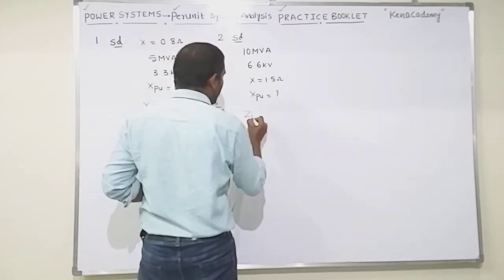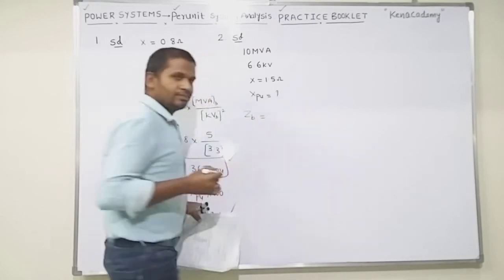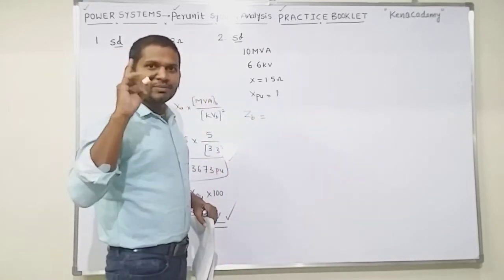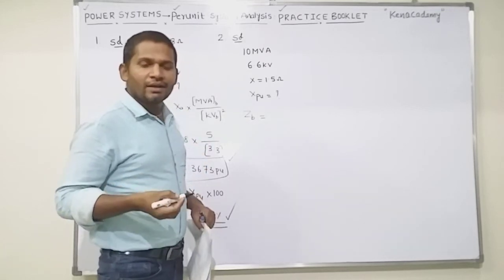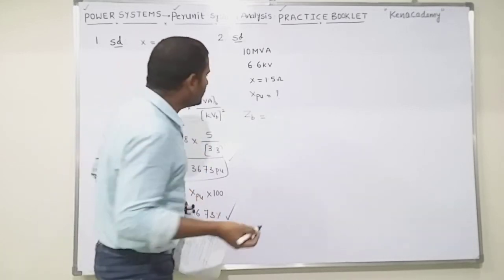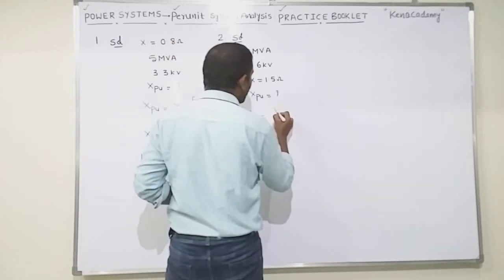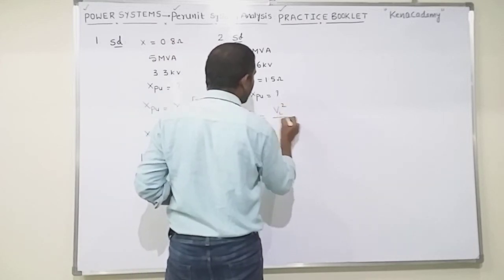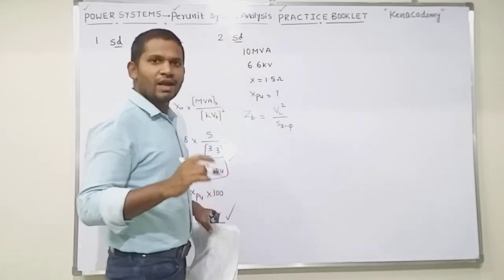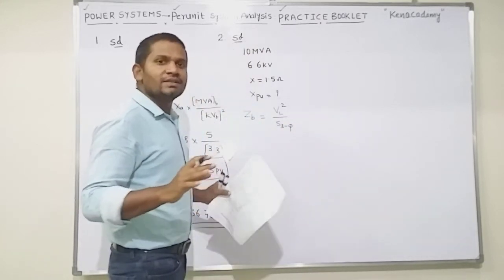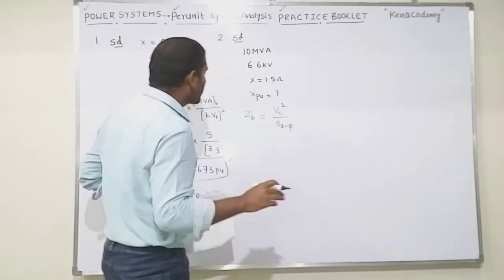First I want to write the base impedance. In the concept I told you already, for any star connected system, the base impedance is VL square by S 3 phase. Even though it is not mentioned, generally you take star connected only.